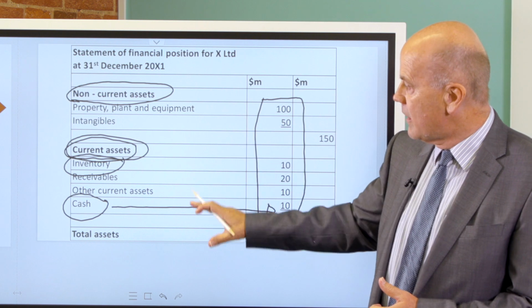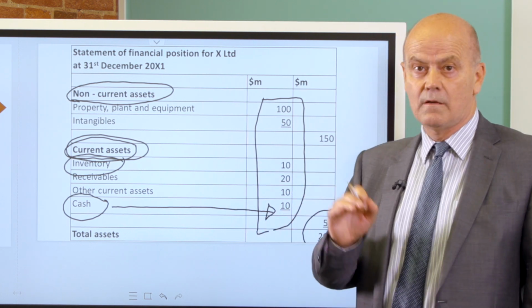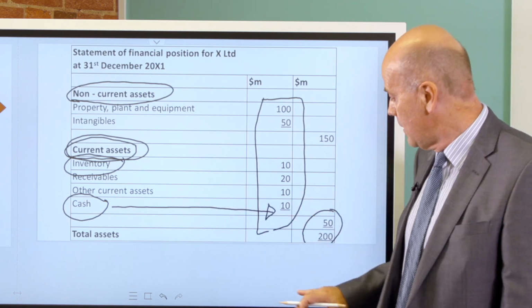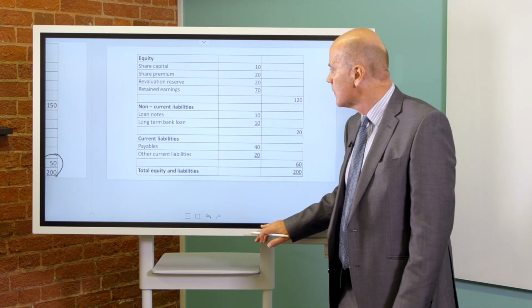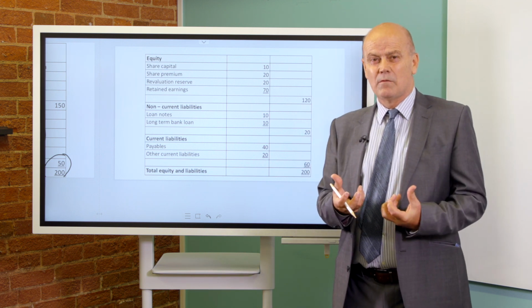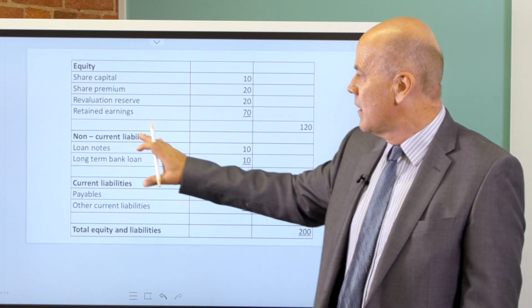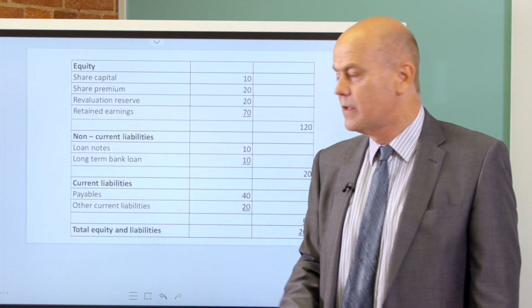So this is only half of the balance sheet. I've just done the assets. Let's do the liabilities. So the liabilities are things that we have to pay to outside people. We have a long-term liability and a short-term liability.